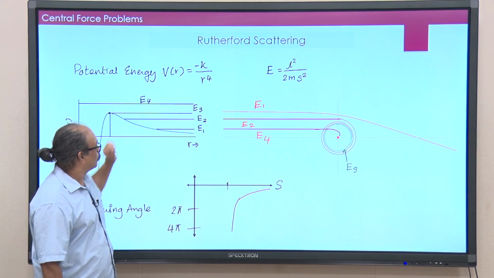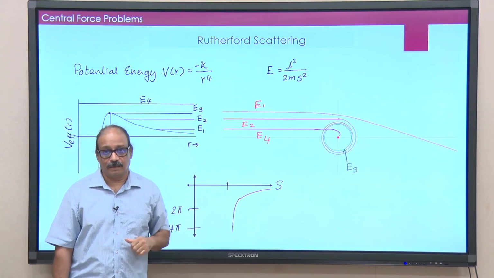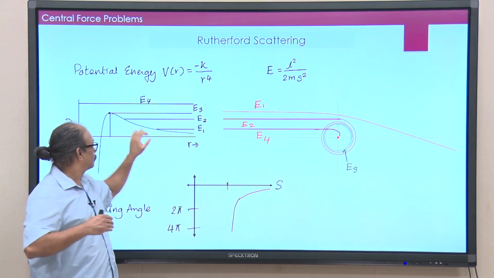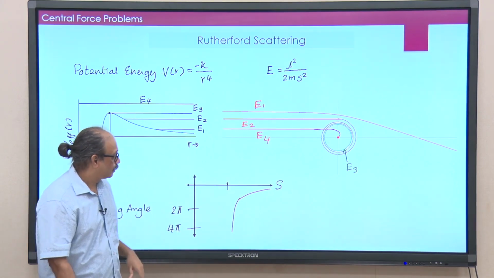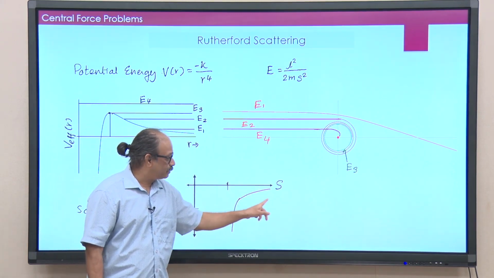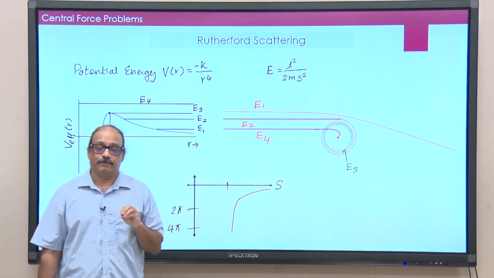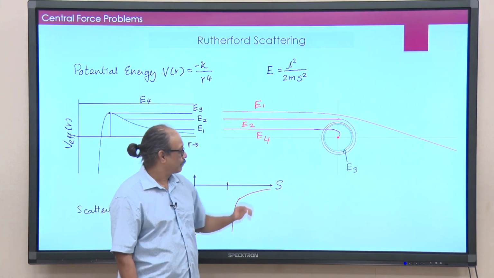So, you get a larger one. If you fix an energy and increase the angular momentum or impact parameter, eventually this maximum will exceed the energy level, and then you get this area here. Okay. So, for very large s there is a minimum deflection like your E1.